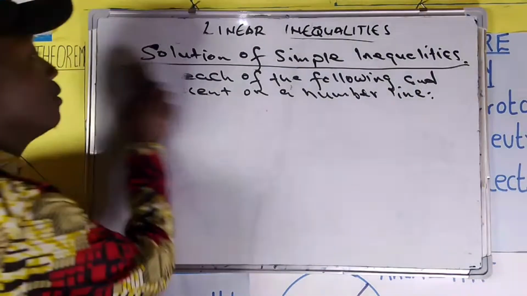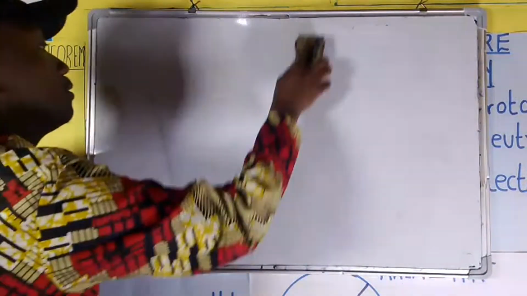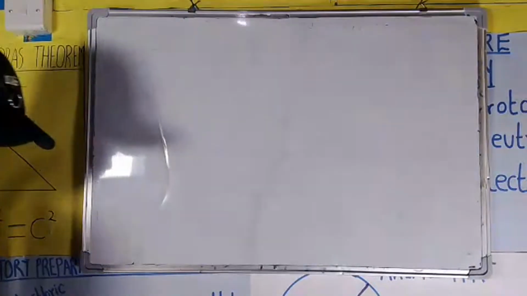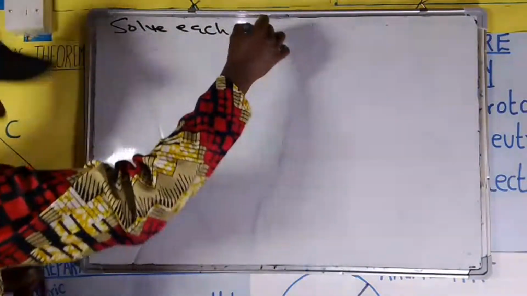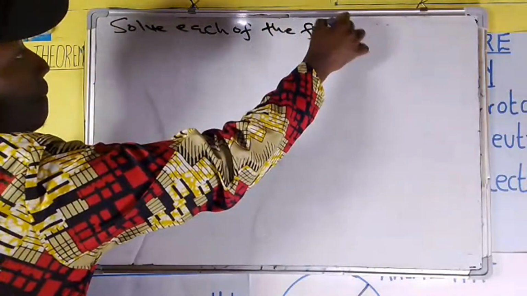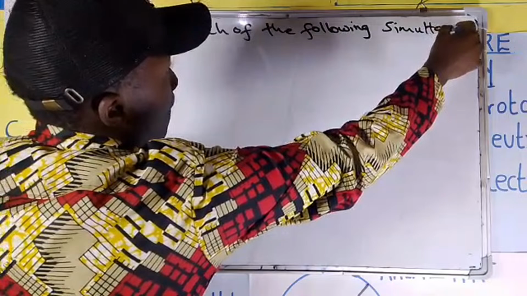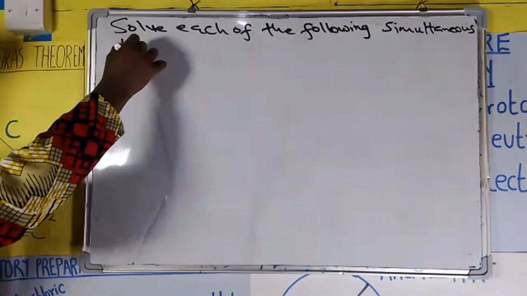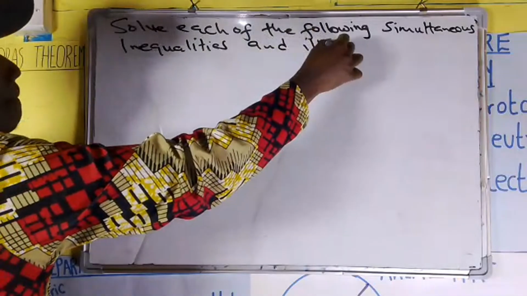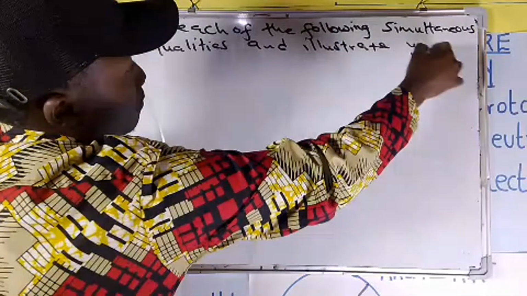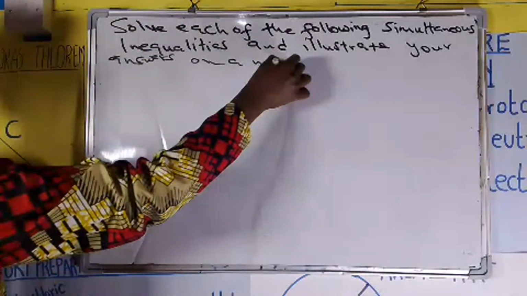Sasa tuko na swali hapa. Solve each of the following simultaneous inequalities and illustrate your answers on a number line.